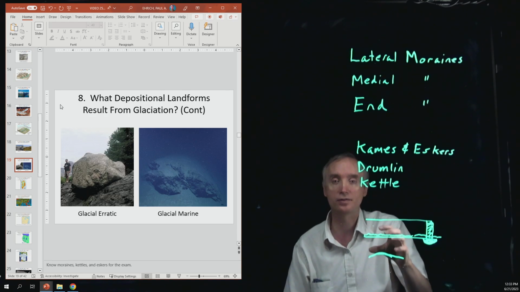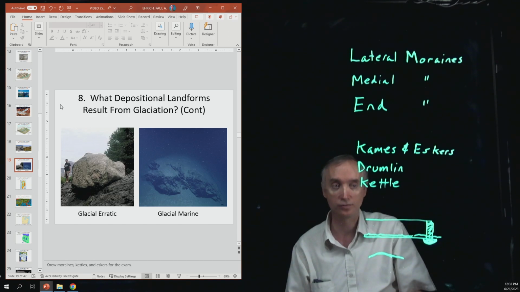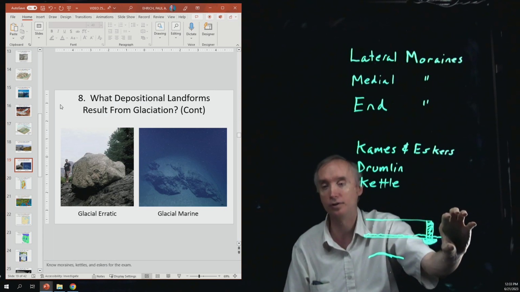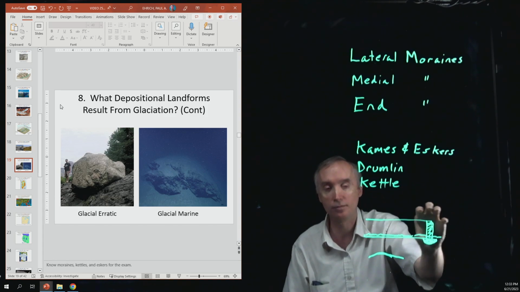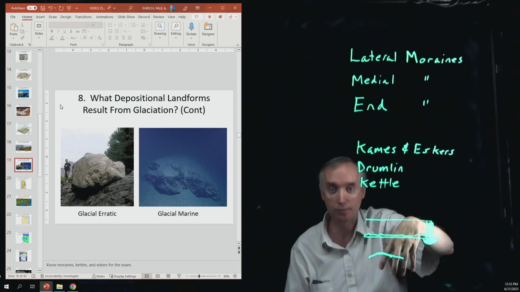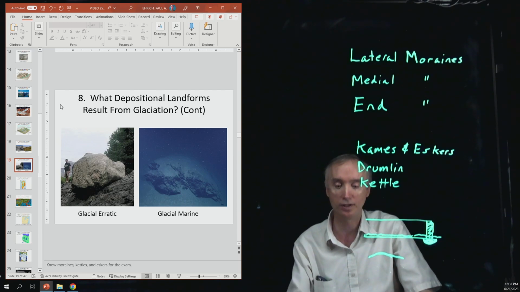Some of these glacial erratics can be deposited in the ocean. So here you've got a glacier that extends out into the ocean, and then as it melts back, the rocks and stuff that were incorporated in that glacier just drop to the bottom of the ocean. And so that would be a glacial marine.